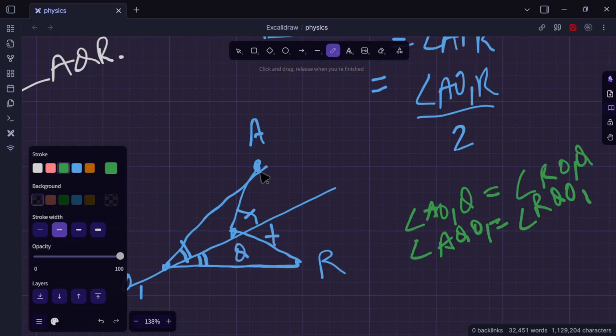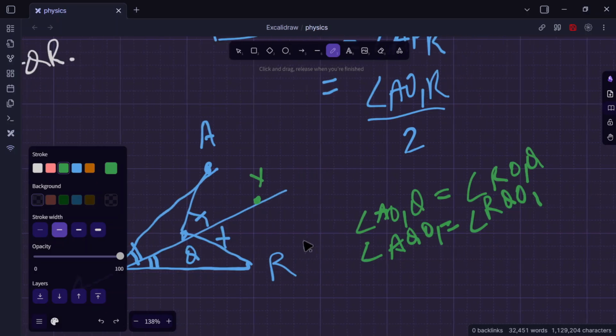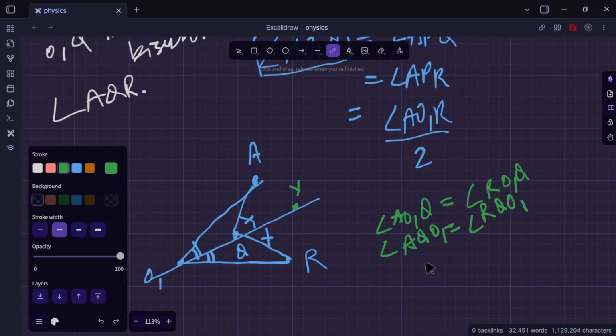Why is this? This is because, if this point is X, then angle AQX is equal to 180 minus AQO1, but AQX is equal to XQR, and XQR is equal to 180 minus RQO1. So since these two angles are equal, these two angles are also equal. So we have these two angle equalities, but we also have that O1Q is equal to O1Q.